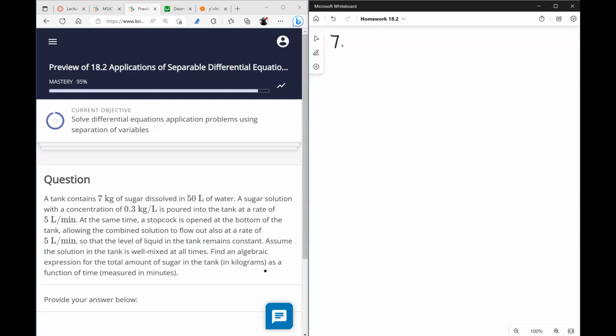So another mixing solutions problem. The key is to draw a nice picture.